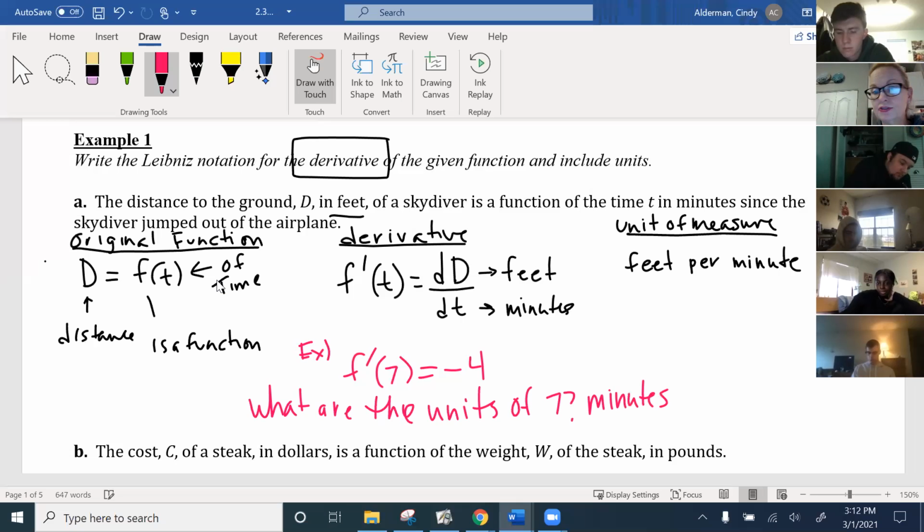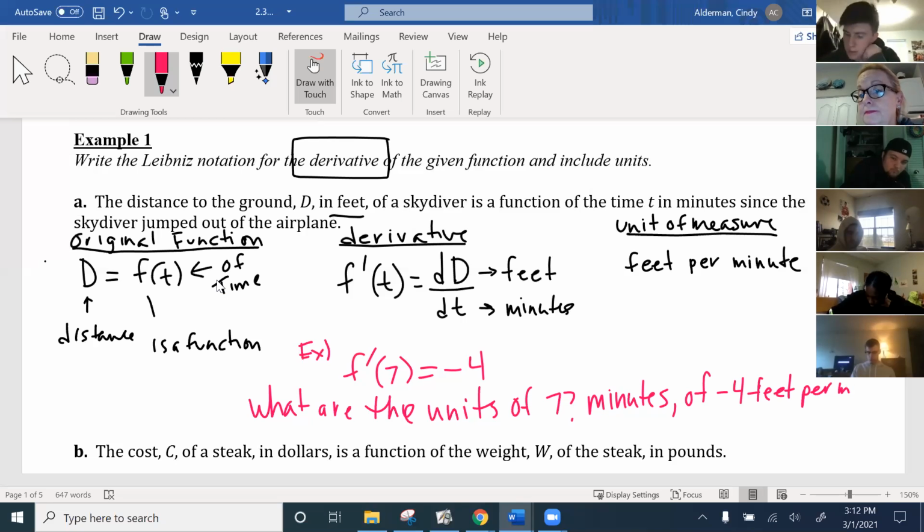And here's where it gets a little tricky. If I asked you what are the units of -4, you must say feet per minute. And if you think about it, derivative is speed, right? Derivative is slope. So derivative is speed. So you know how you give speed like miles per hour.